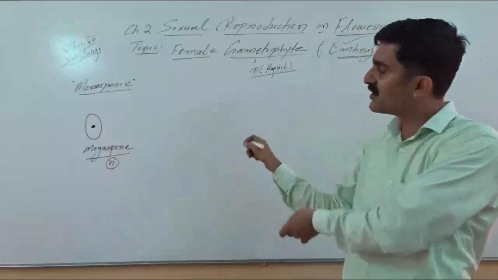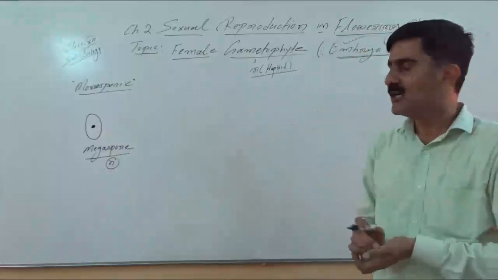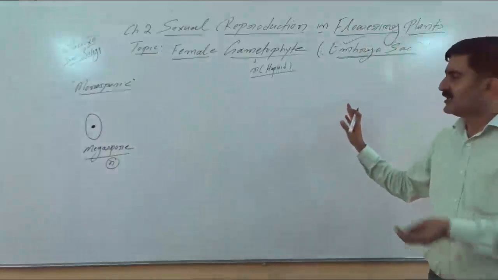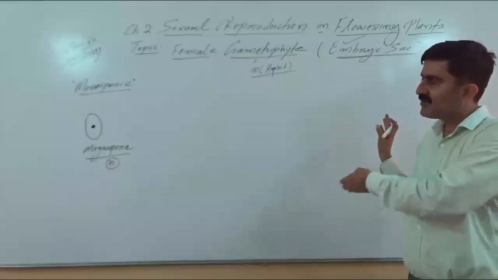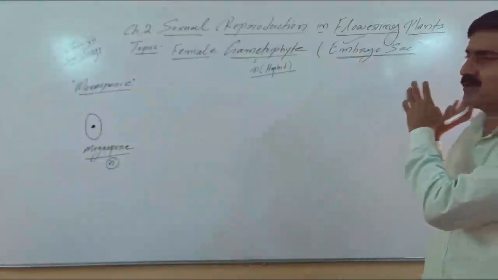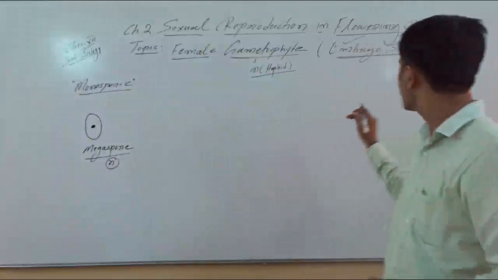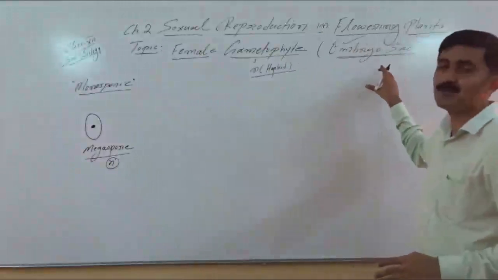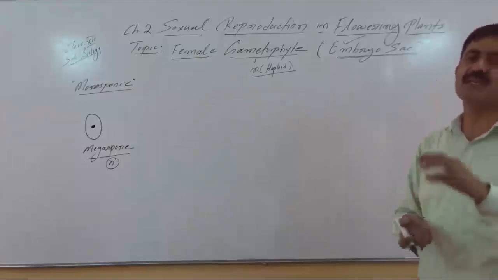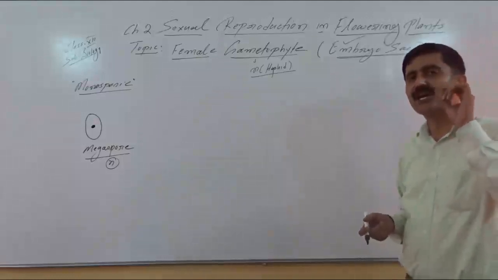We must know that megaspore itself is haploid. So there will be sequential division, and that division leads to a multicellular, multinucleate embryo sac, and in that embryo sac there will be female gamete or egg cell.